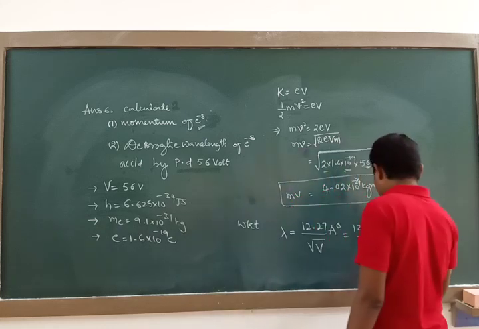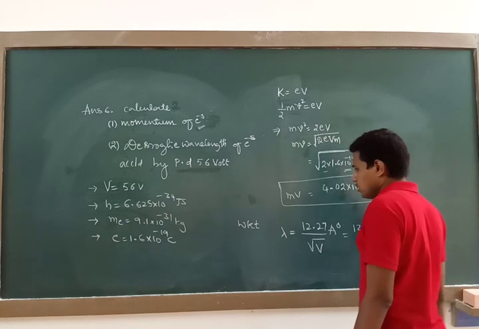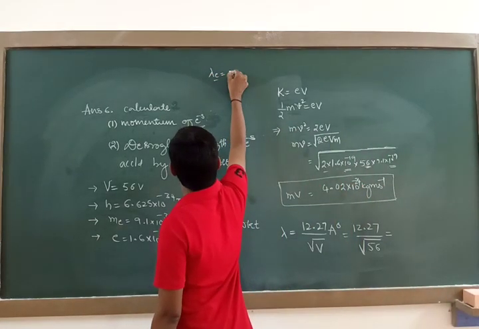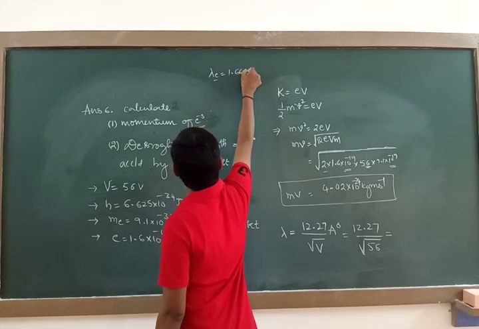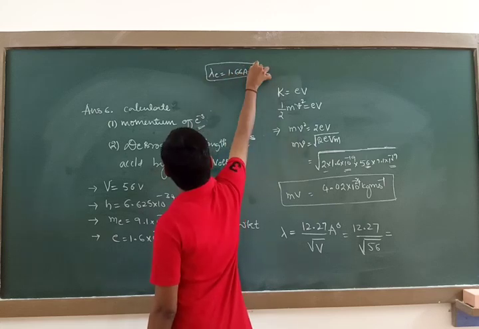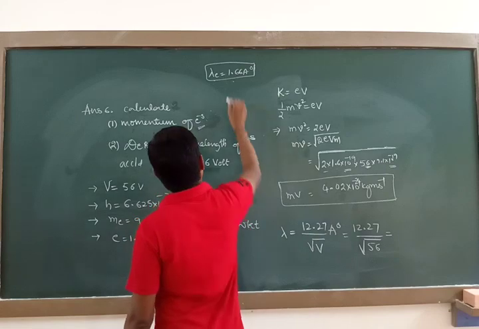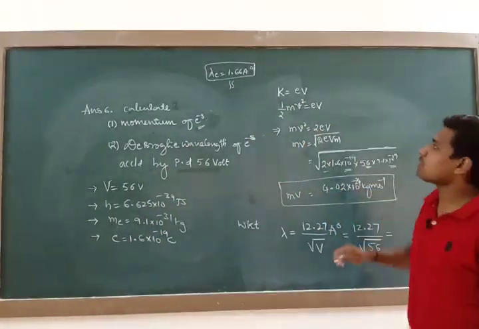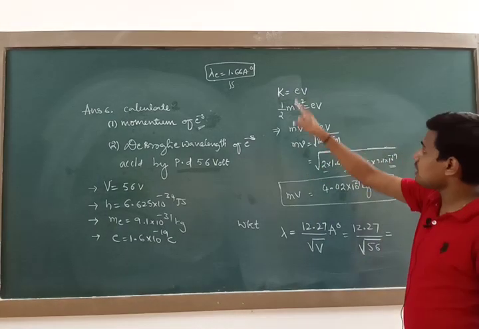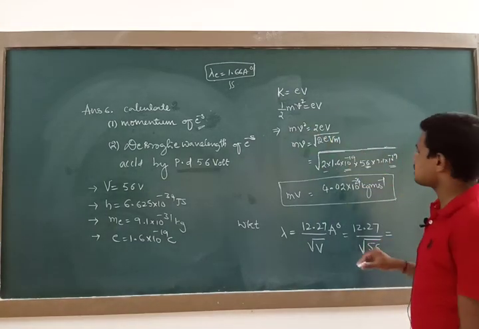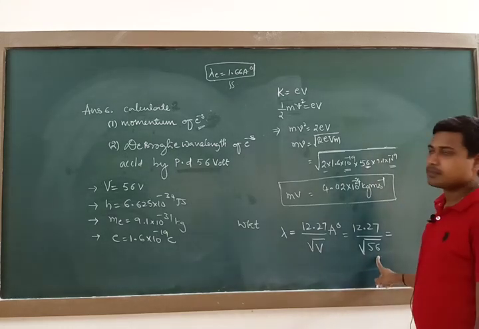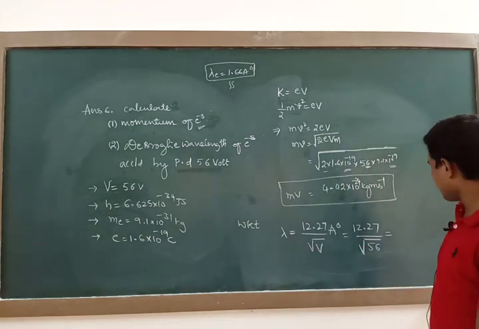If you solve this, the wavelength, already you know what is the wavelength calculated by de Broglie for electron, that is 1.66 angstrom. Keep this in mind, and your value should be obviously either exactly 1.66 or else close to this value you may get, because we calculated that 1.66 for 54 volt. This is for 56 volt. So it means some small variation will be there.